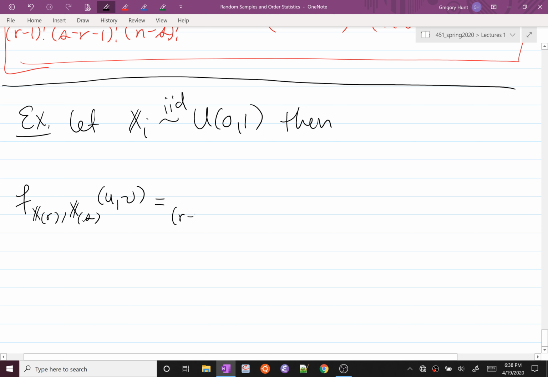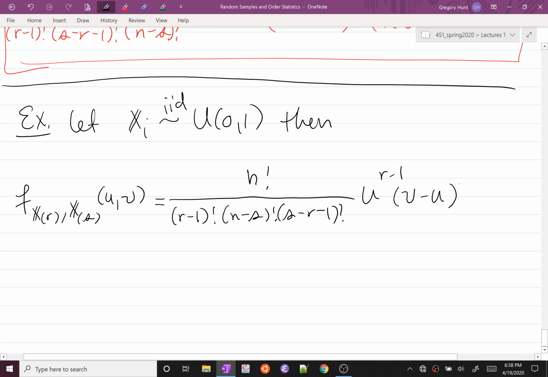In the denominator we get r minus 1 factorial, n minus s factorial, s minus r minus 1 factorial, with n factorial on top. You get u to the r minus 1, v minus u to the s minus r minus 1, and 1 minus v to the n minus s.